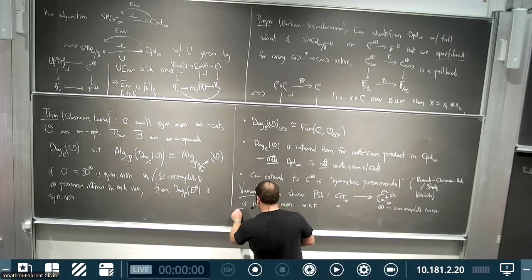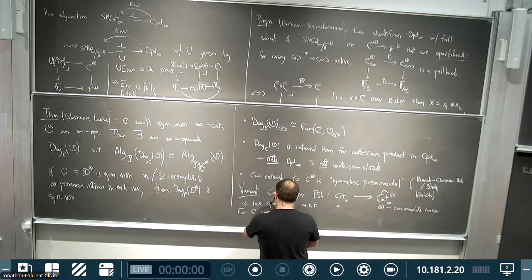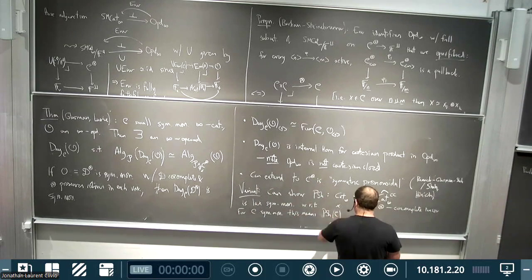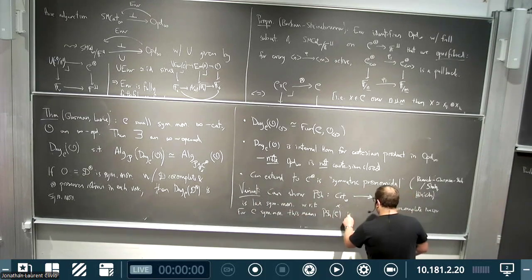In particular, if C is a symmetric monoidal infinity category, this implies that sheaves on C gets a symmetric monoidal structure.